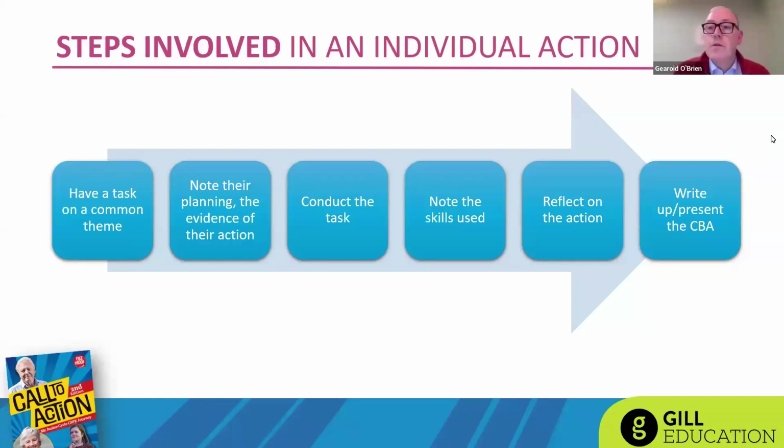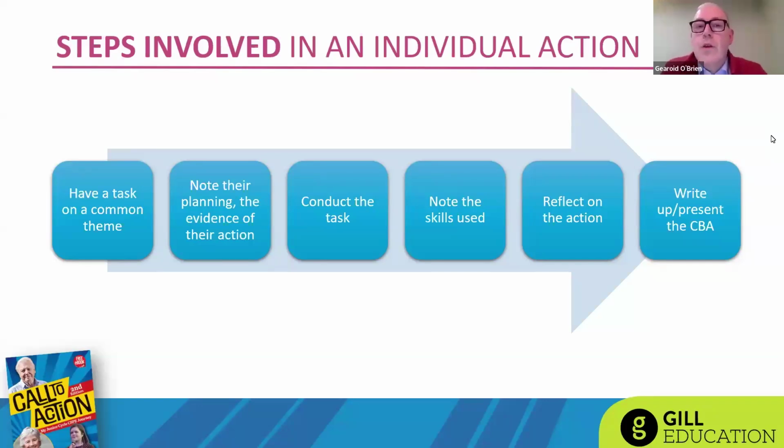Some, for instance, might do 6 ways to save water. Some of them might do 6 ways to reduce electricity use or electricity wastage. So they're all related to sustainability, but they're different areas that they can choose to look at. Now, in reality, if you have 30 students in your class, you're not going to have 30 different ones, but it just leads to enough variety.